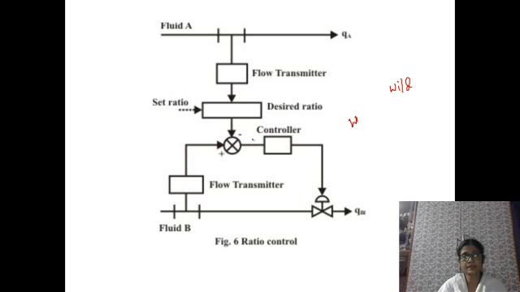The measurement is compared with the other fluid measurement and the desired ratio, and accordingly the outflow of fluid B is maintained by the controller and final control element.